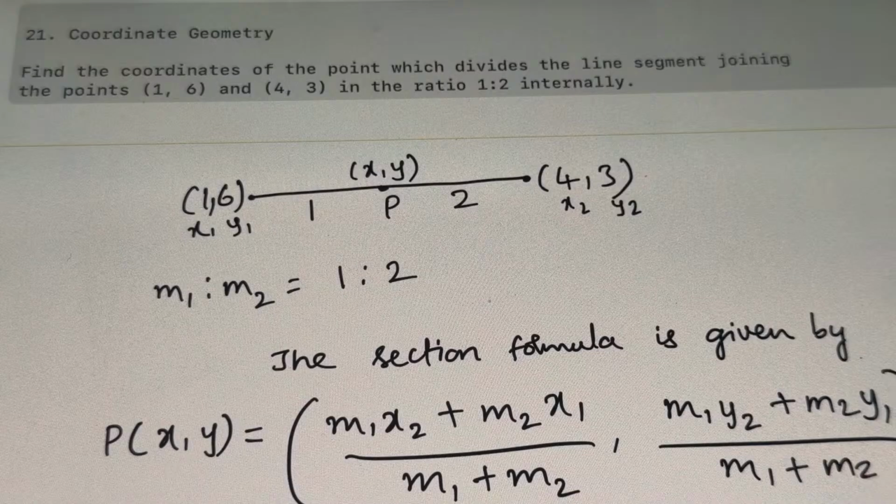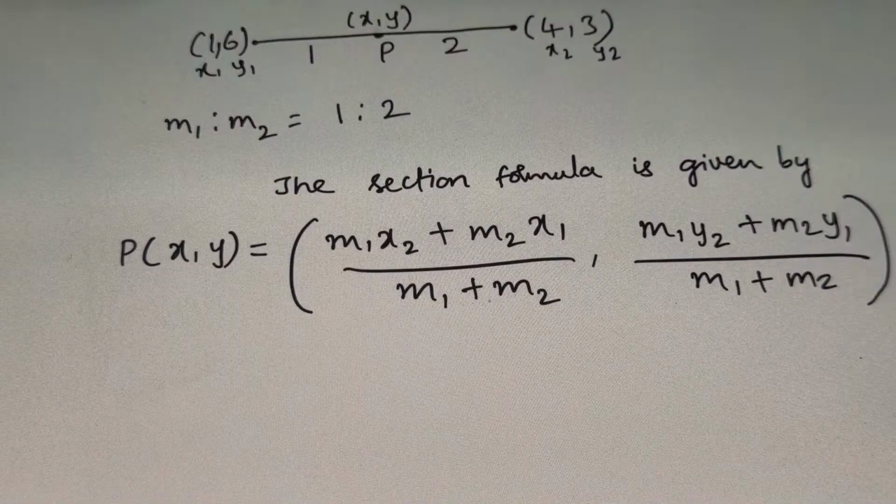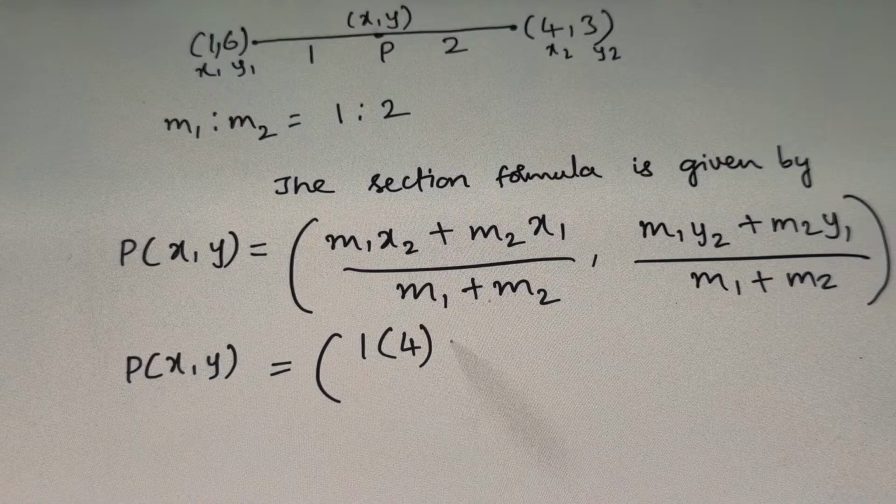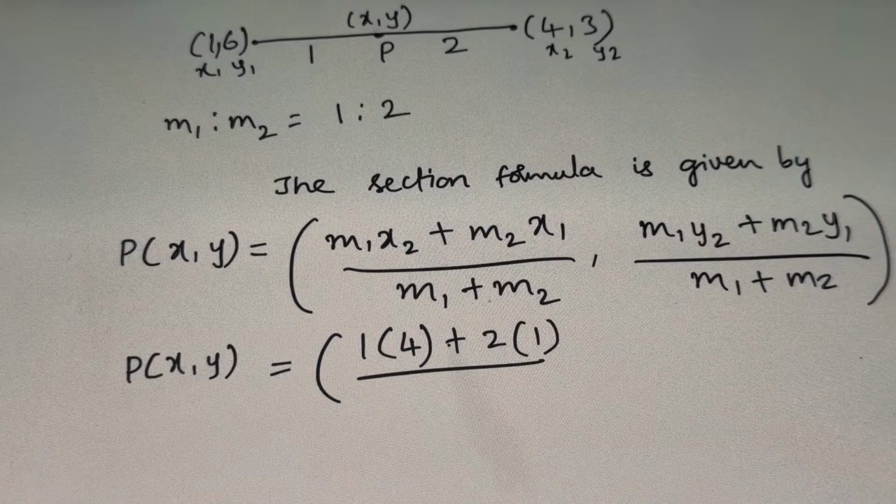Close the bracket. P of x comma y is equal to, we have m1 is 1 and x2 is 4. We have m2 is 2, x1 is 1, divided by m1 plus m2, 1 plus 2.